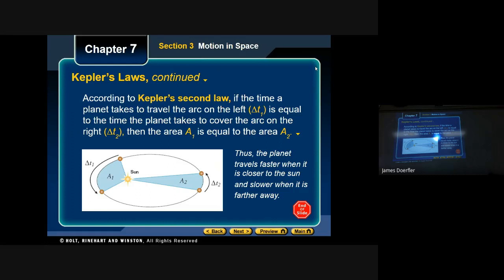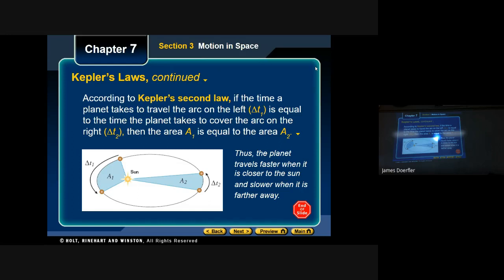According to Kepler's second law, if the time a planet takes to travel the arc on the left, this one right here, is equal to the time the planet takes to cover the arc on the right here, then the two areas that are covered should be equal.